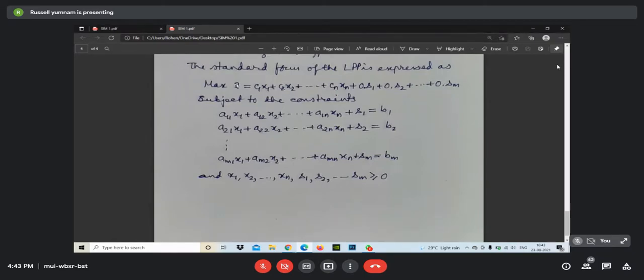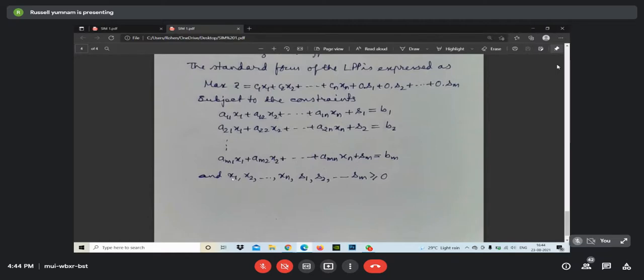With this, we rewrite the objective function as 0s1 plus 0s2 plus up to 0sm, because we make them present but with zero value, and that is why the coefficients are all zero. Earlier the constraint was less than or equal to, and by adding this slack variable we make it an equality. Next, also the same thing: let us consider less than or equal to, and we make it equal by adding slack variable s2. Similarly slack variable sm, like that.